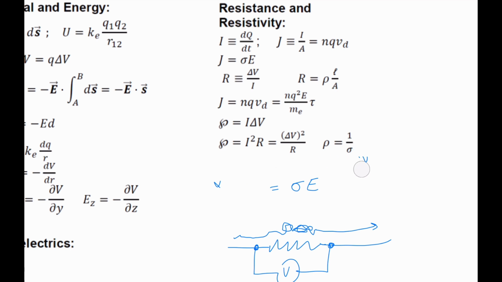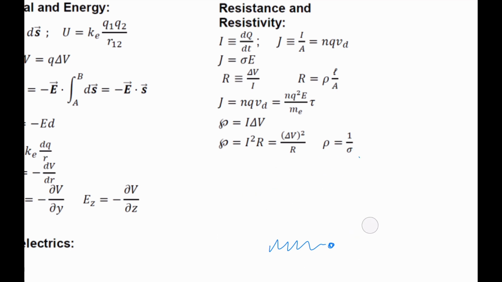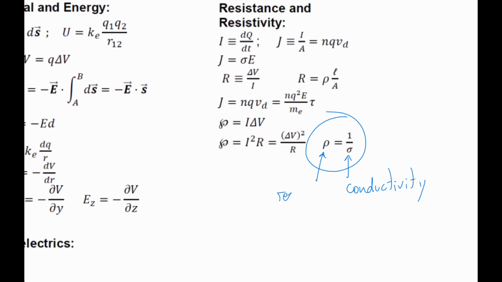Cool. I'm going to erase all this here, and I'm just going to quickly tell you about another thing, which is this equation here. So this rho and this sigma are Greek letters that are used a lot, but I just told you that sigma is the conductivity. If you take 1 over the conductivity, you get rho, which is the resistivity. They're inversely proportional.